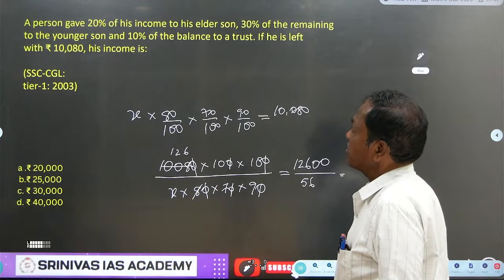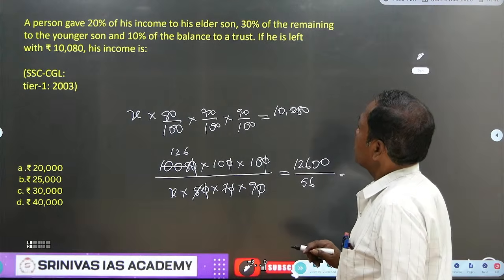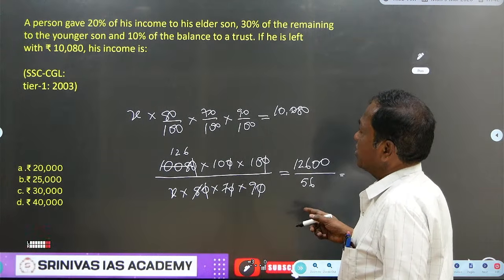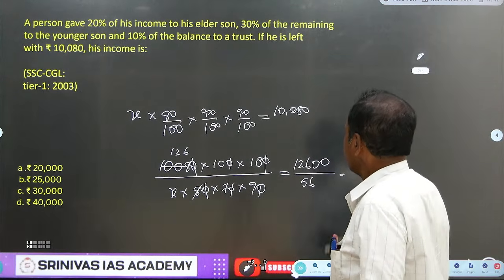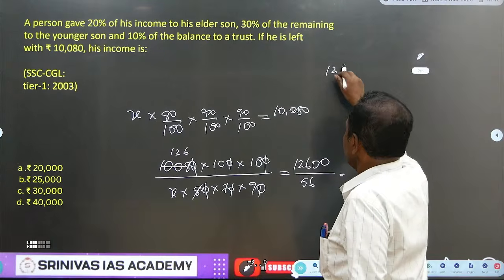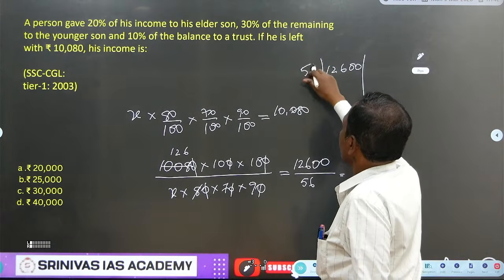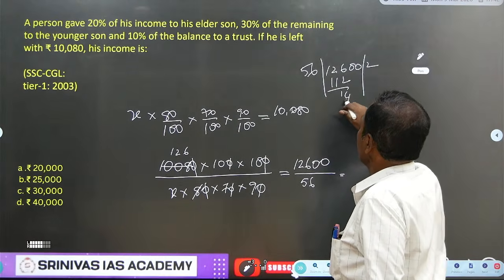Is my number correct or not? I don't know. It is 80% to the son, 30% of the remaining to the younger son, and 10% of the balance to a trust. 126,000 whole divided by 56. 2 times, you can take 1, 2, 4, 1.